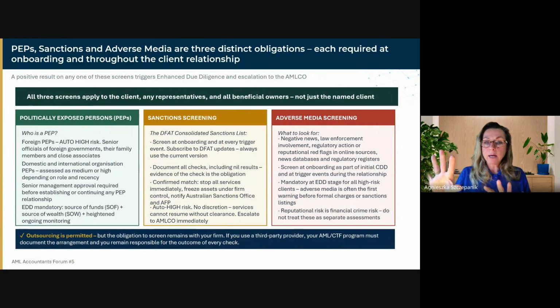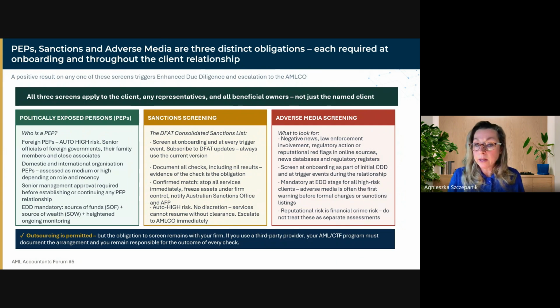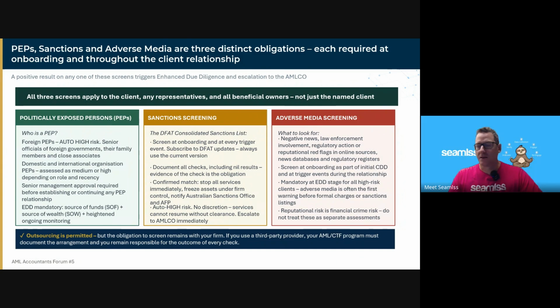So adverse media is something you need to do as part of the overall understanding of who your client is, because there may be reputational risks if somewhere further down the track they've been taken to court for something or other. It doesn't necessarily mean they're proven guilty, but you can understand some of the parameters of information that is out there for those clients.